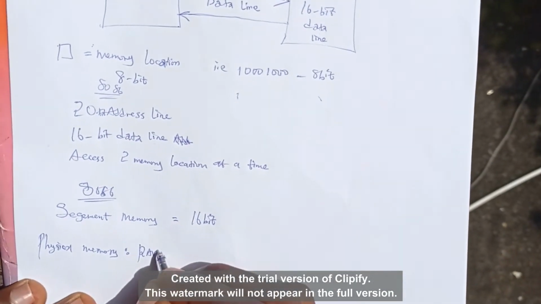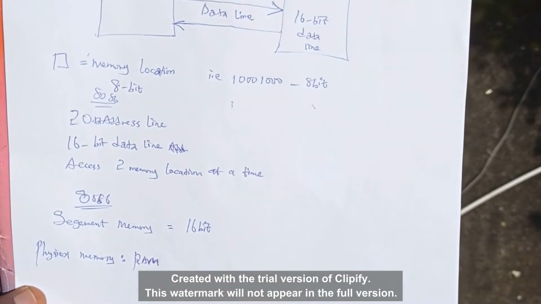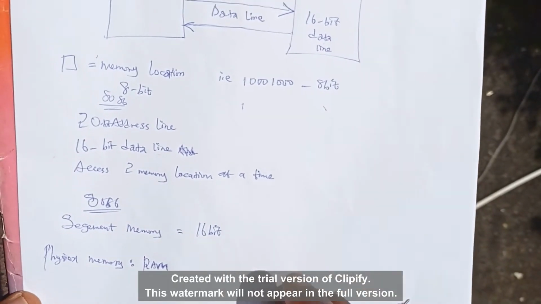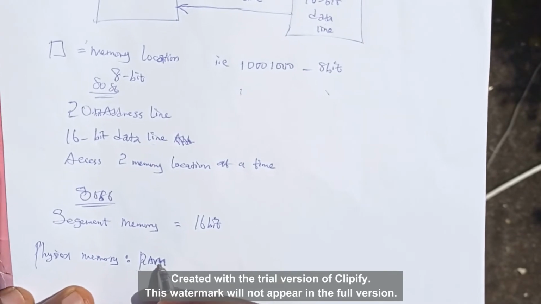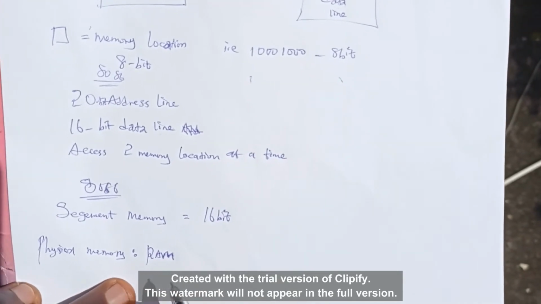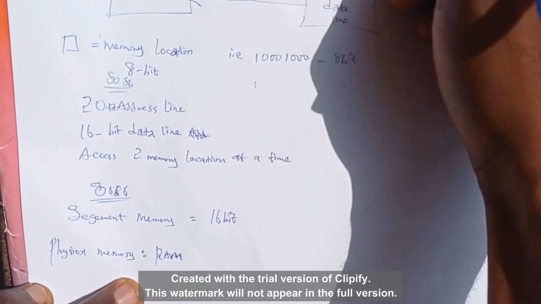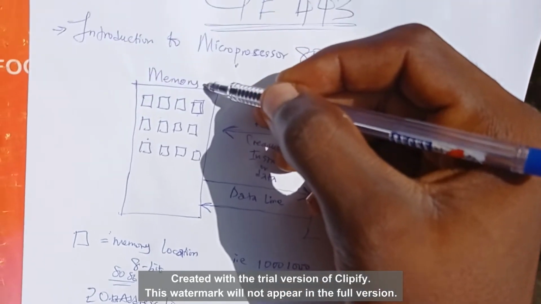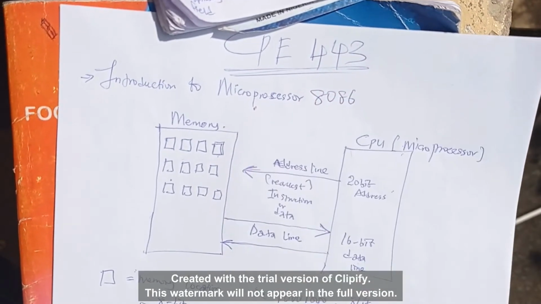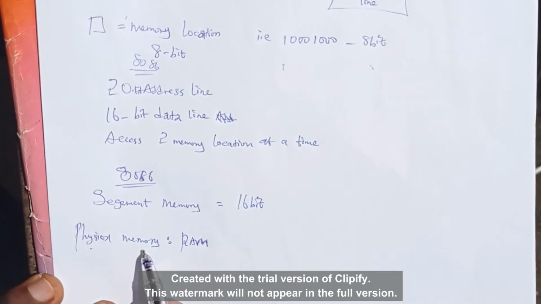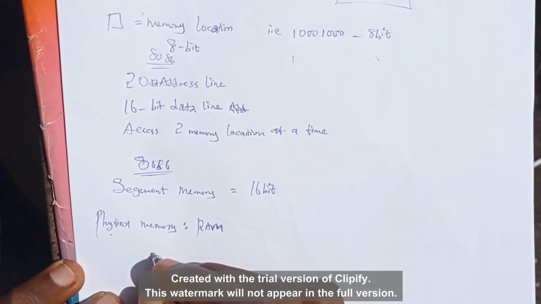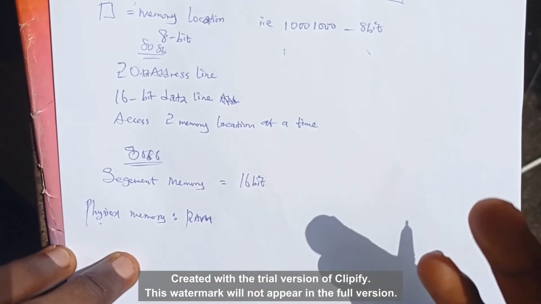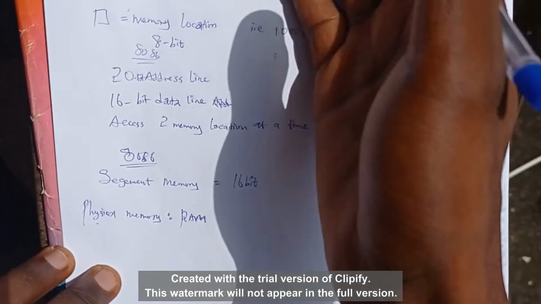When we load a program on our computer, the information, the instructions and data will be stored inside this RAM. This RAM is easier to access by the CPU. So the memory we are talking about here is the RAM, and it's called physical memory. This memory has no segments yet.